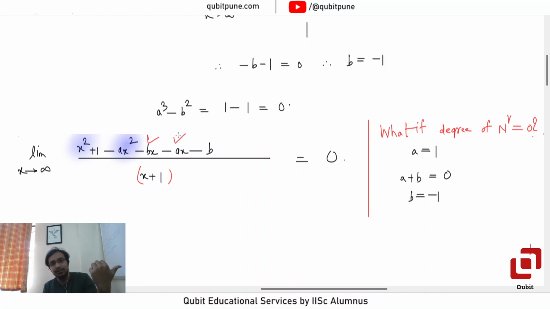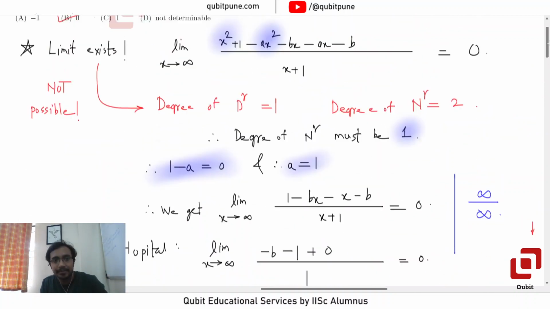If we take the negatives outside, we get a plus b. We don't want the numerator to be of first degree, we want it to be a constant polynomial, basically a constant. So a plus b should be 0, that again gives us b as negative 1, essentially the same result that we got here. Correct? So even if we consider the other possibility, we still get the same answer.